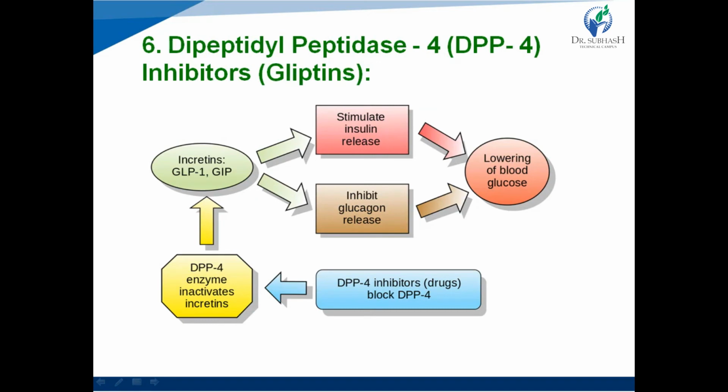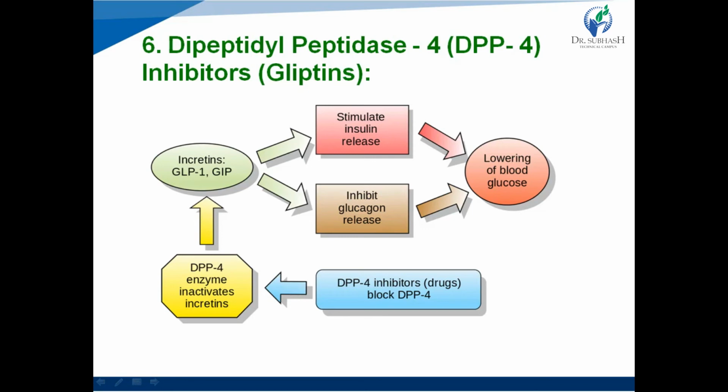Sixth class is DPP4 inhibitors, meaning dipeptidyl peptidase 4 inhibitors. They are also known as gliptins. DPP4, dipeptidyl peptidase 4, is the enzyme which inactivates incretins.